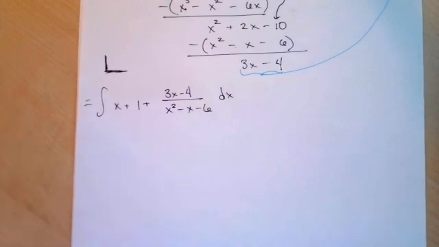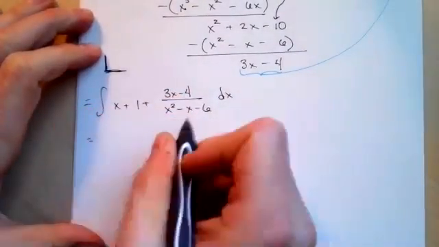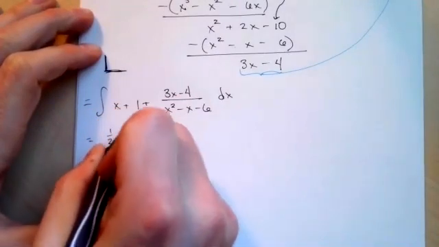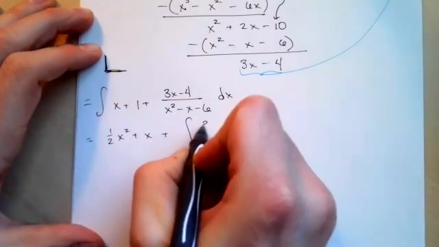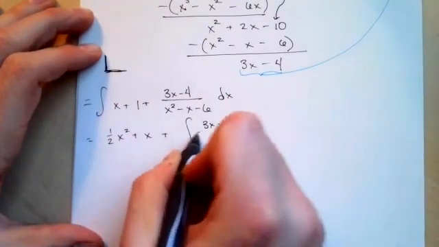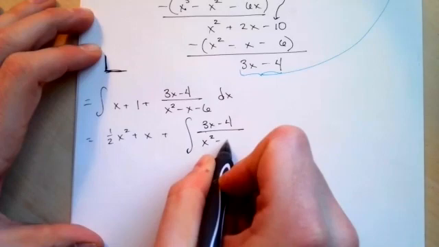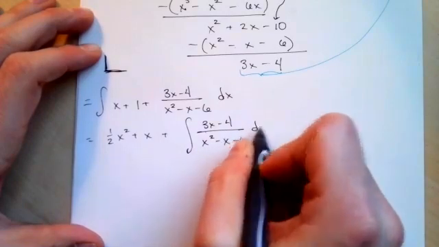And now we've reduced the problem to something on the order of what we were working on Friday. So what are we going to have? 1/2 x squared plus x plus now our integral of 3x minus 4 over x squared minus x minus 6 dx.